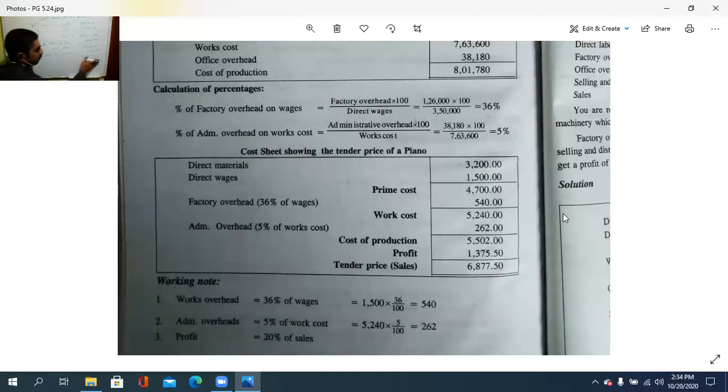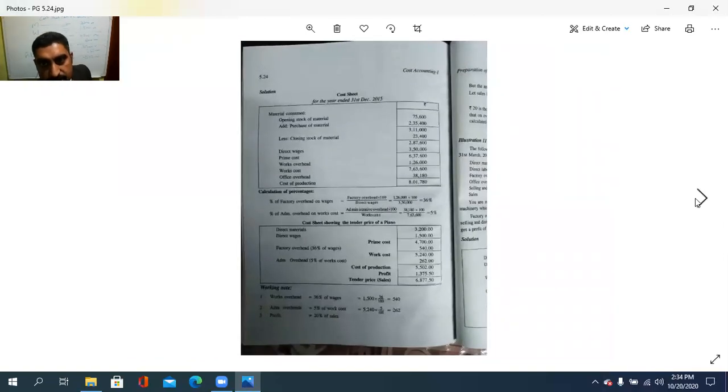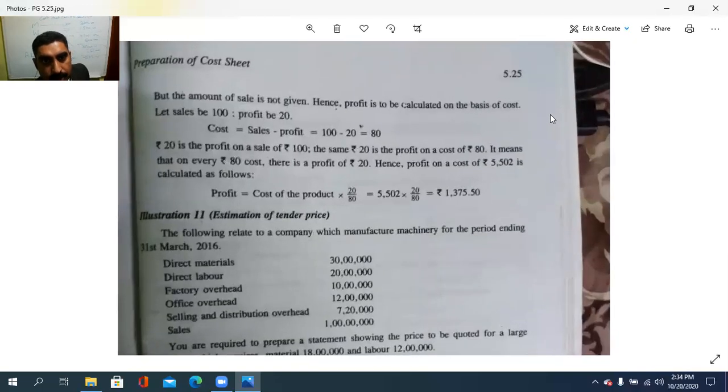So this 5502 is the COP, the cost of production or office cost. Then the profit: in the question it is telling us 20% on sales.